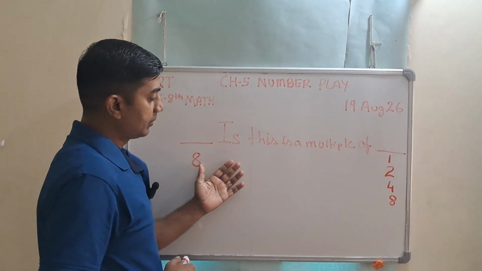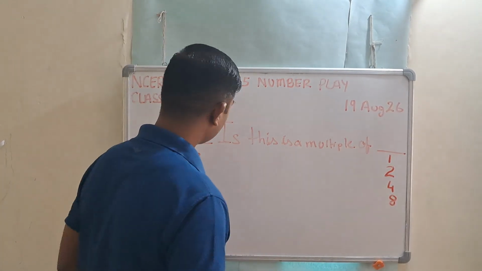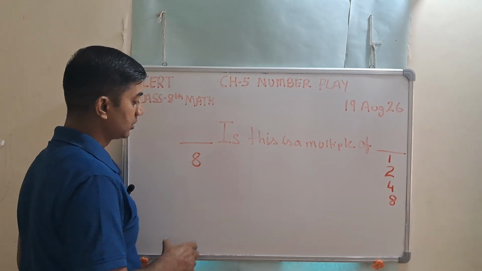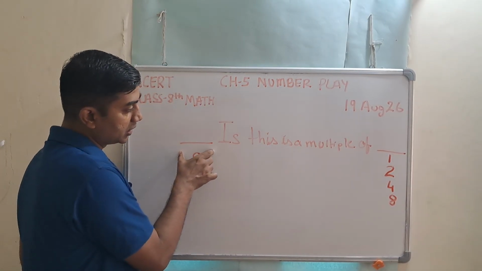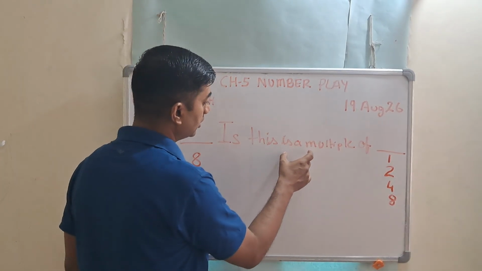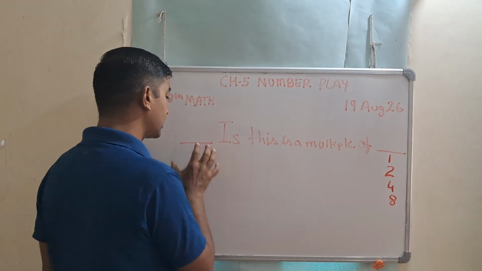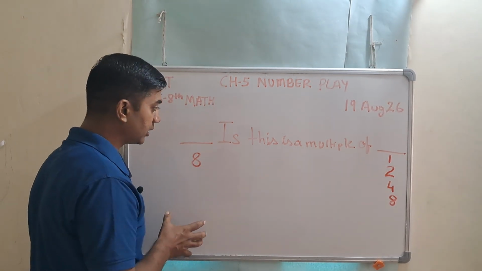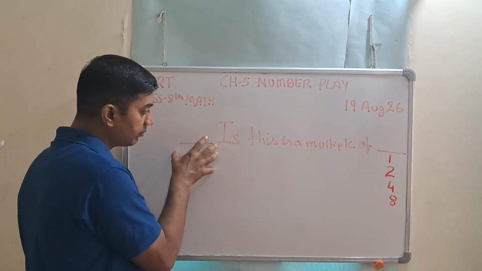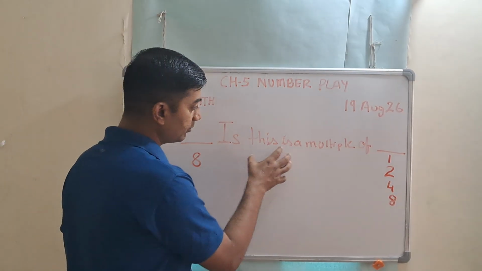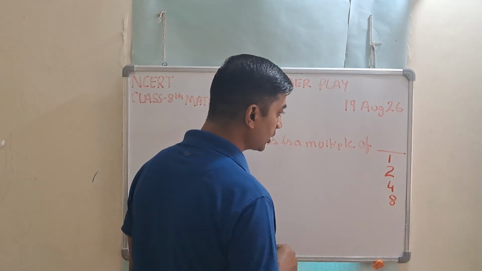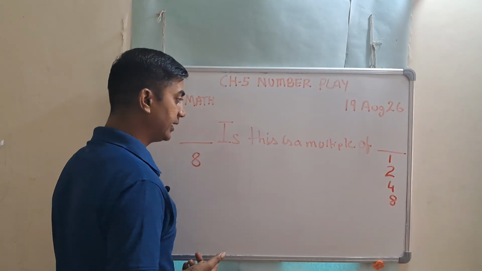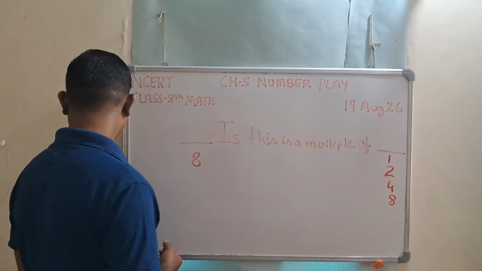So your chapter starts with this topic, that a number given to you is a multiple of the given number or not. How you will identify that, we will see.